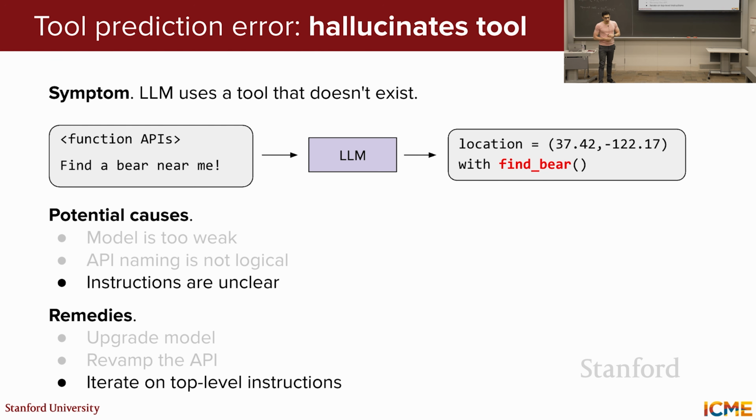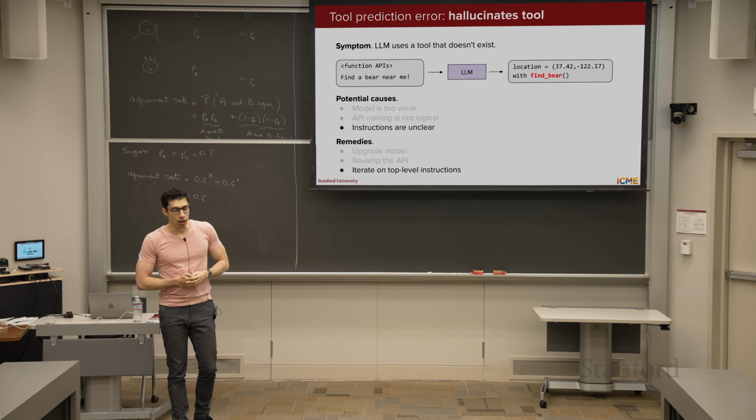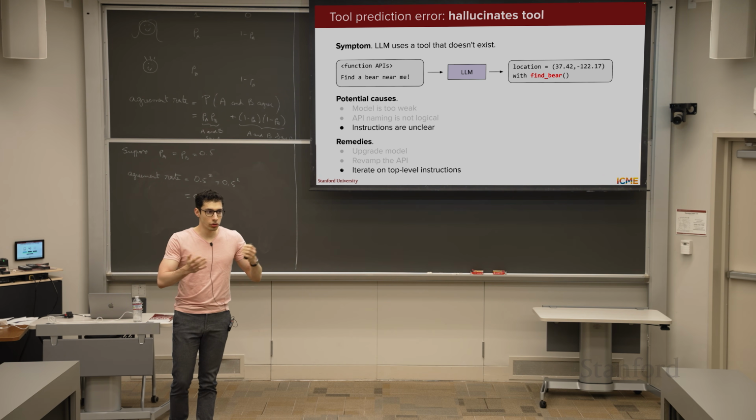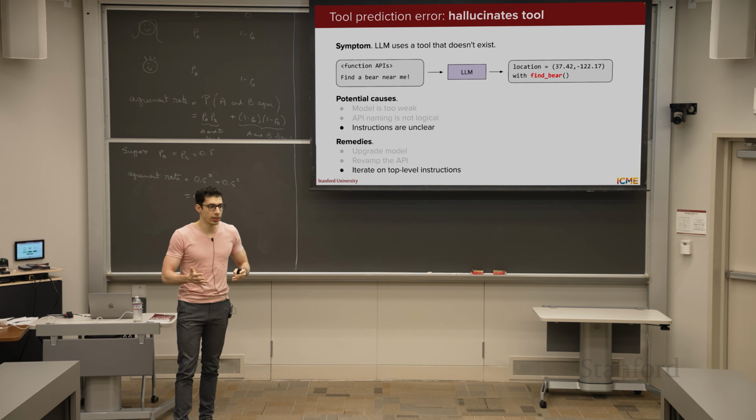And then, at the very beginning I was saying maybe the model is too weak, but actually maybe the first thing you should check is whether the horizontal instructions, so horizontal across tools, are clear enough. Maybe the model hasn't really understood that it needs to use functions that are given to it.